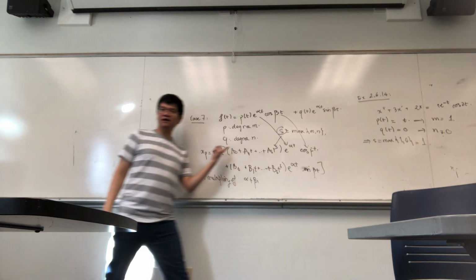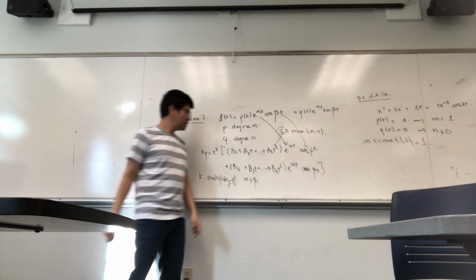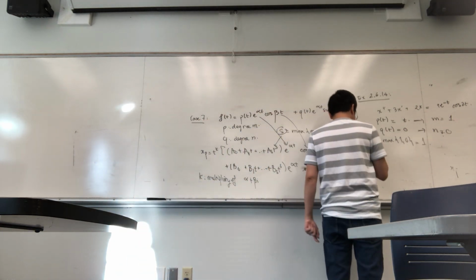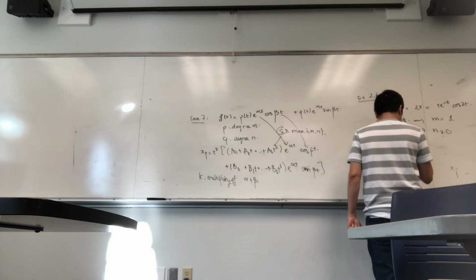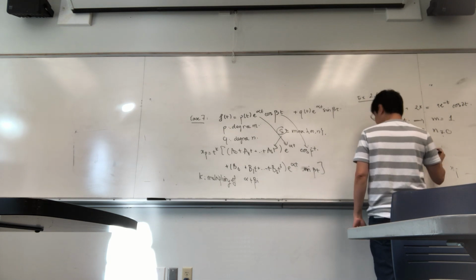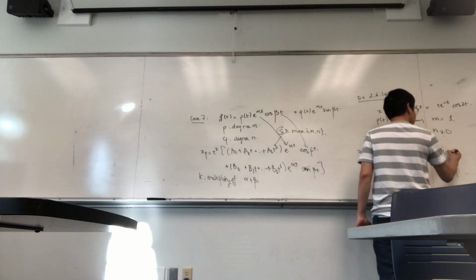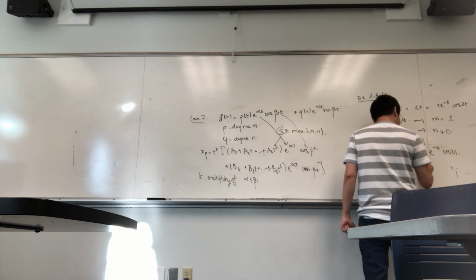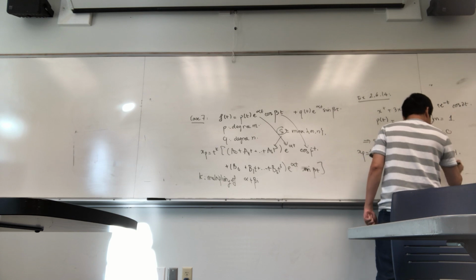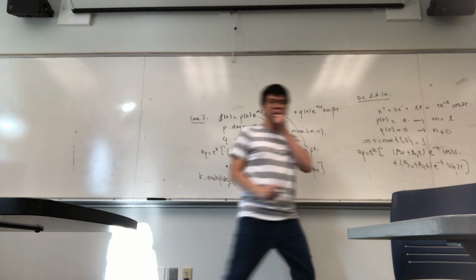Because s is 1, I can use this formula. So x_p will be t^k of (a0 plus a1 t) e^(-t) cosine of 2t plus (b0 plus b1 t) e^(-t) sine of 2t. All right?